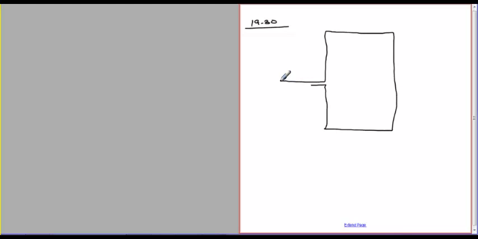So here it is. And this connects to a battery. So here's my battery. It's going to have a current flowing through there. And it's connected to the battery that applies a potential difference of 0.1 volts.